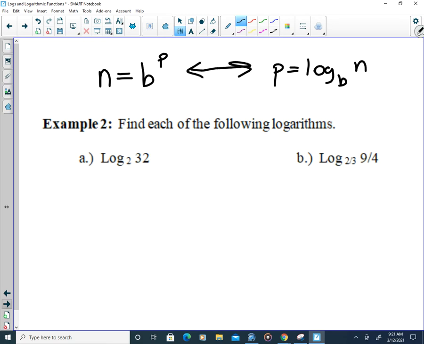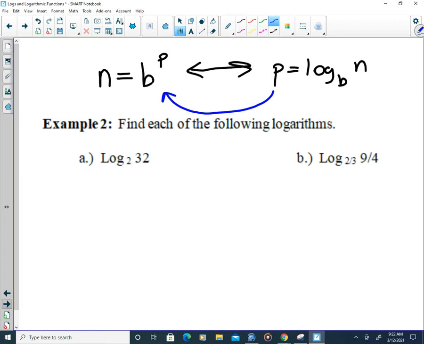On example 1, we practiced going from exponential to logarithm. On example 2, we're going to go in the reverse order, from a logarithm equation to an exponential equation, to help us solve this.